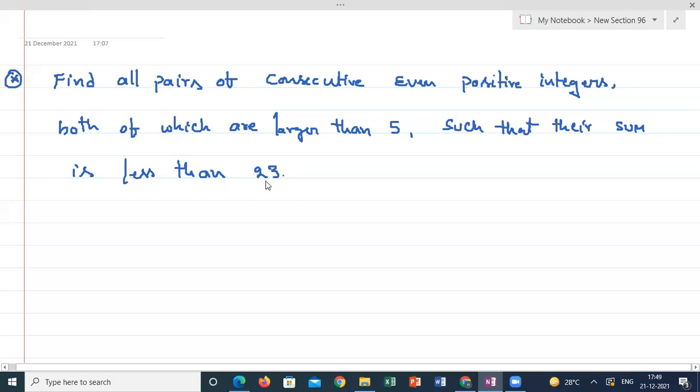Okay. So you have to find the solution set. Find all pairs of consecutive even positive integers; you have to find out the solution set for this.